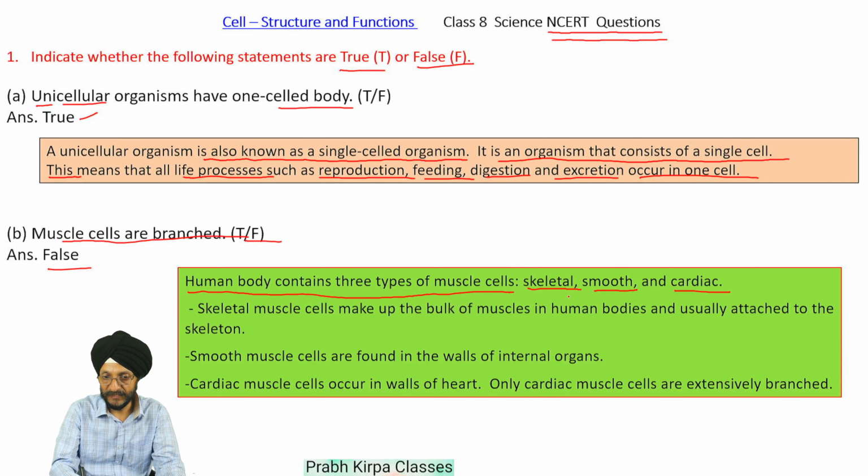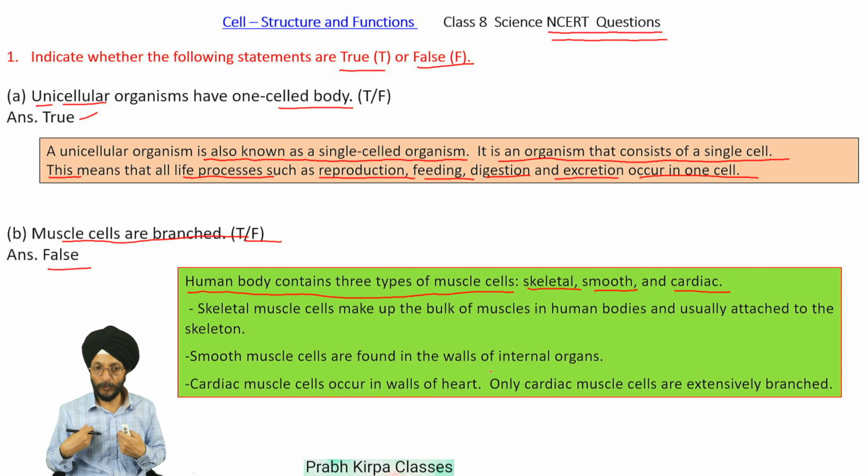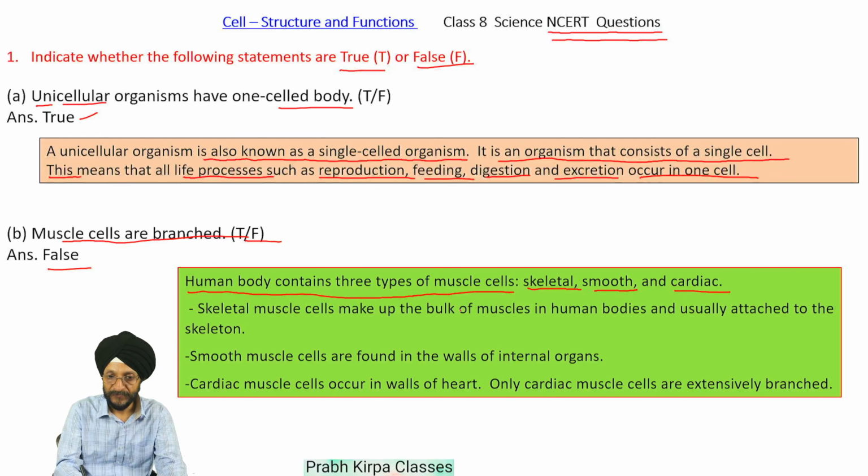Skeletal muscle cells make up most of the muscles in the human body. That is, most of the muscles found in our body are made up of skeletal muscle cells, and these are usually attached to the skeleton.